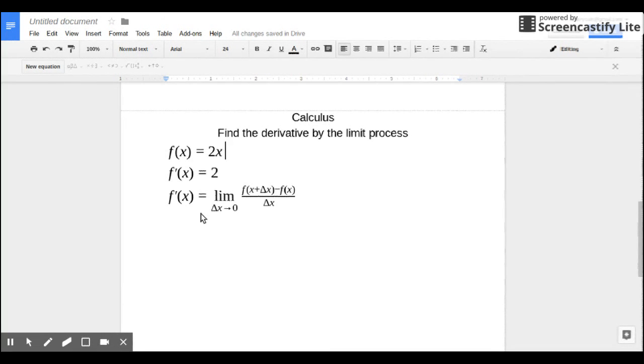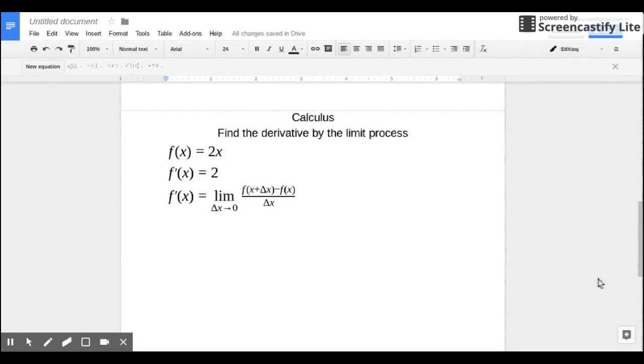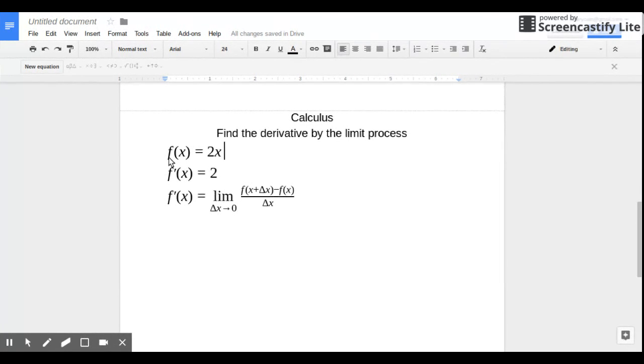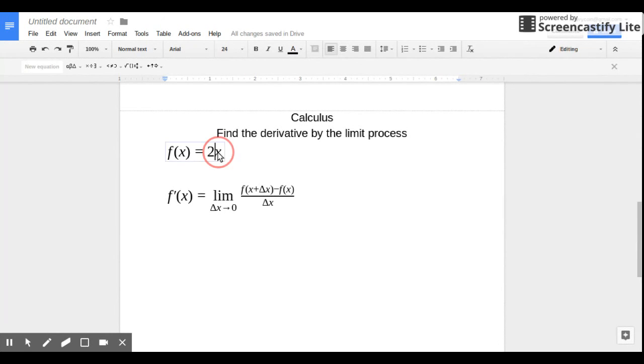In the previous problem we said that the function was 2 times x, and we found the derivative was 2. Maybe you'll see a pattern. Let's look at a different one here.